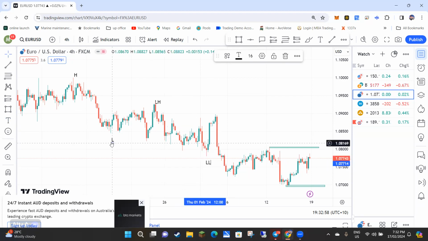And that's a lower low, so it's lower than this low. And the next high point's up here. And it's lower than this high point, so we'll call it a lower high again. And you get the idea by now, obviously. Lower low, lower high.